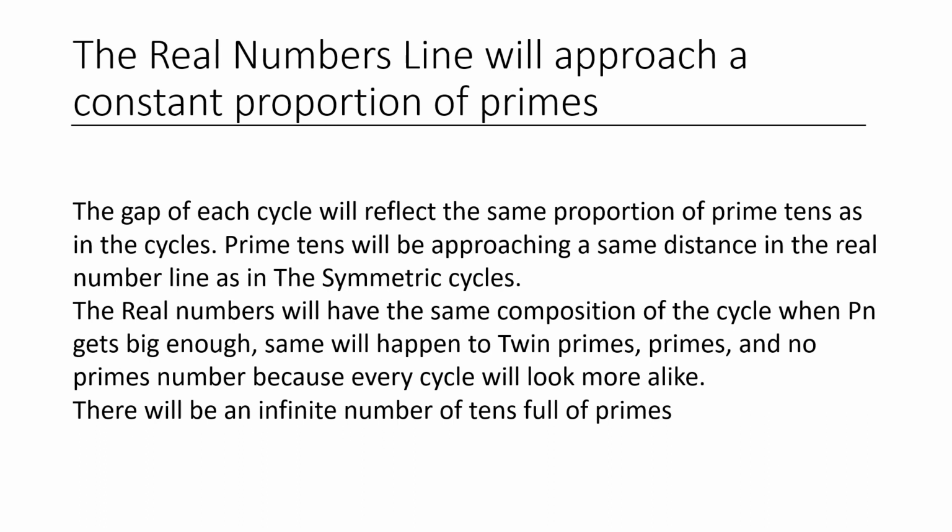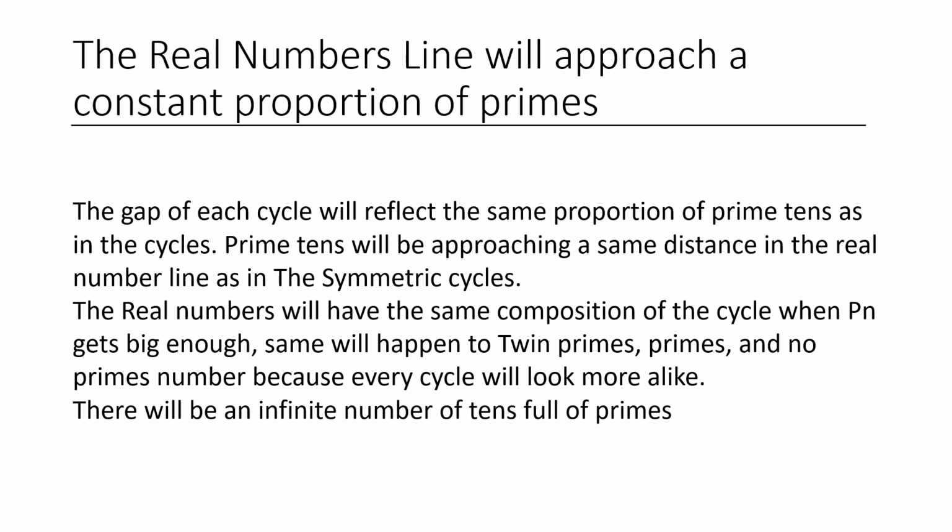Prime tens will be approaching the same distance in the real number line as in the symmetric cycles. The real numbers will have the same composition of the cycles when Pn gets big enough. Same will happen to twin primes, and no prime number, because every cycle will look more alike.